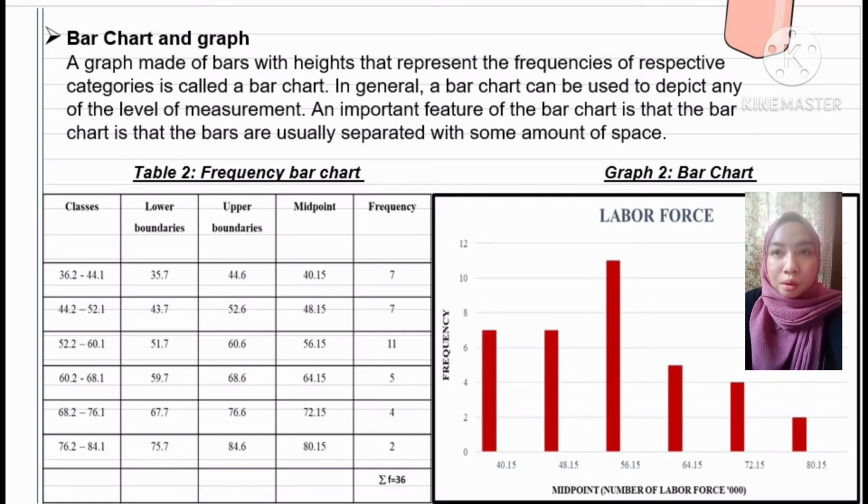To obtain the lower boundaries, 36.2 minus 0.5 will get 35.7. To get the upper boundaries, 44.1 plus 0.5 will get 44.6, and also below it. So based on the table, we get the bar chart like that.